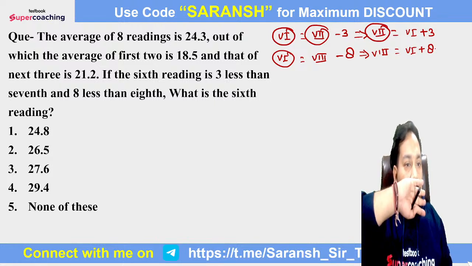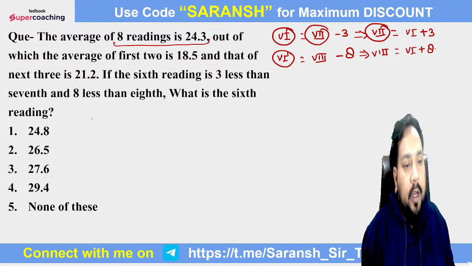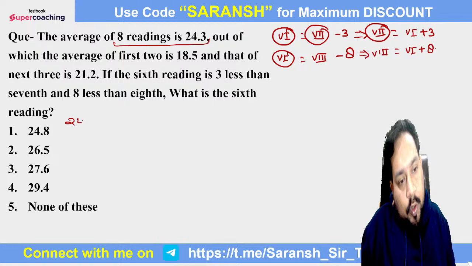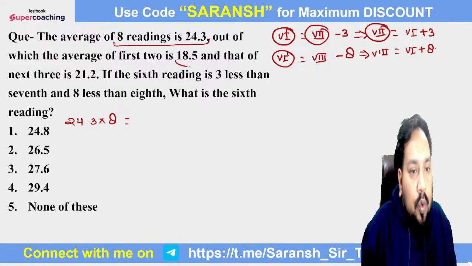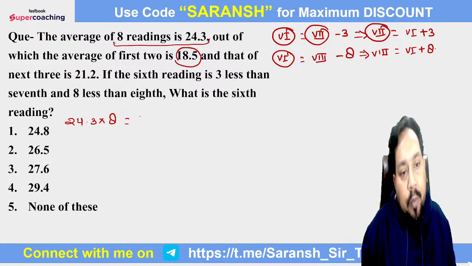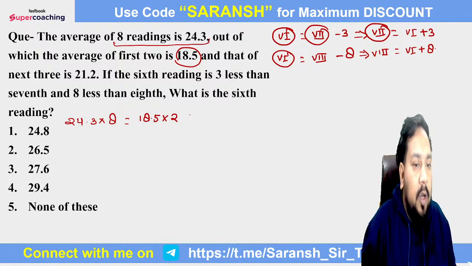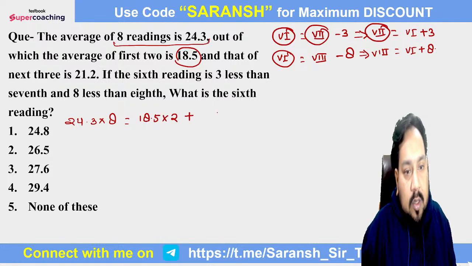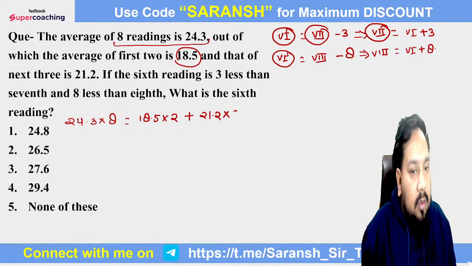Now just calculate the sum, you will get your answer. Okay, 8 readings average is 24.3, then the total will be what? 24.3 into 8. First two will have 18.5 average, two numbers. Next three will have 21.2 as an average, three numbers.